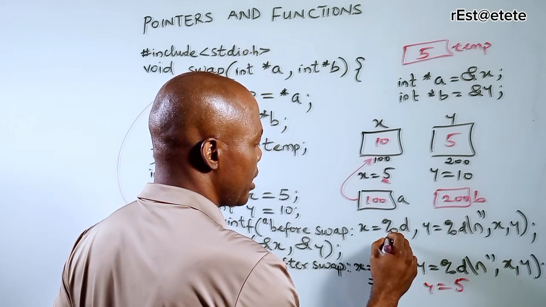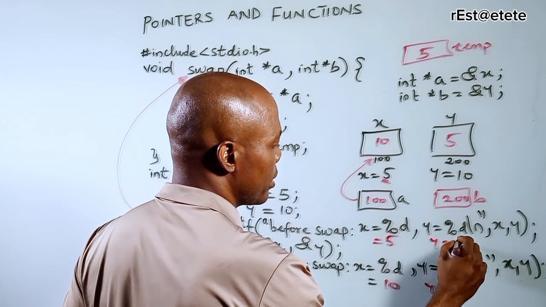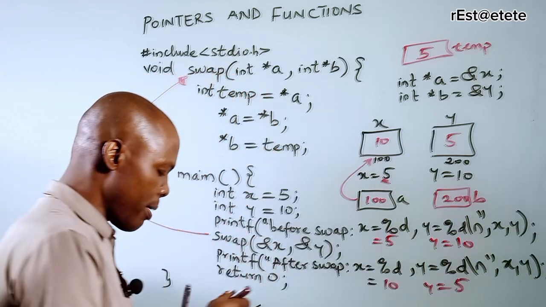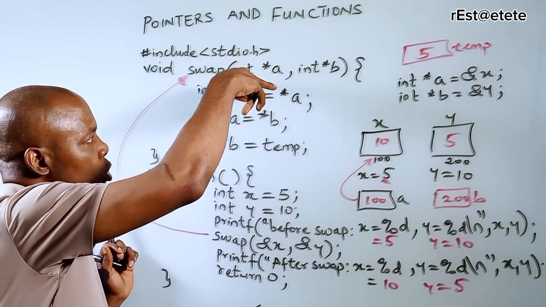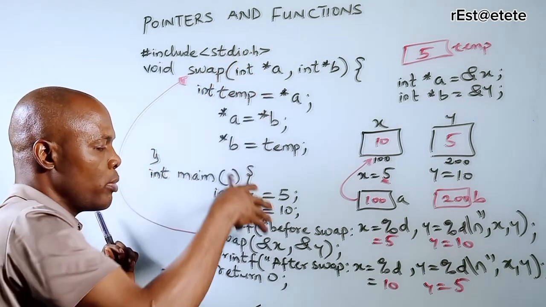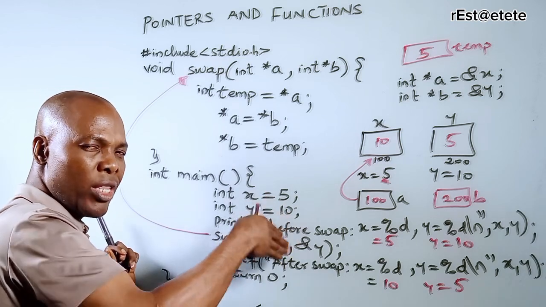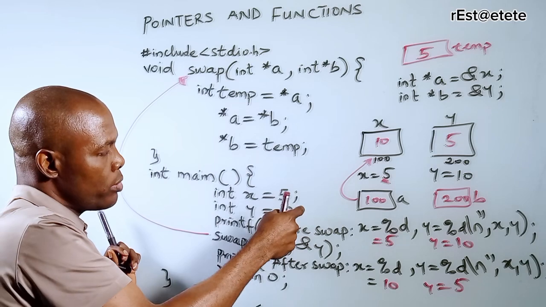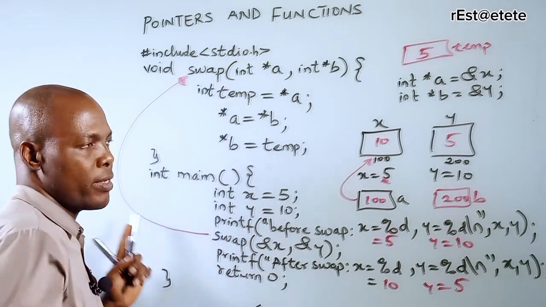In this place, x was 5 and y was 10. So you've swapped. You are able to use a function to manipulate the content of another variable in another scope, because you are doing call by reference.